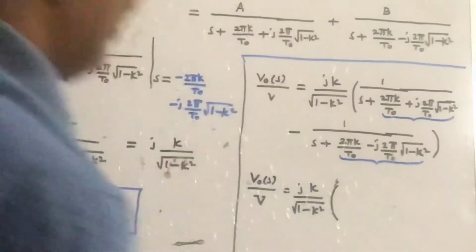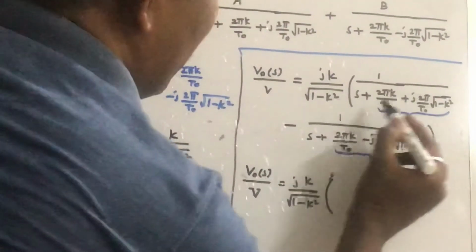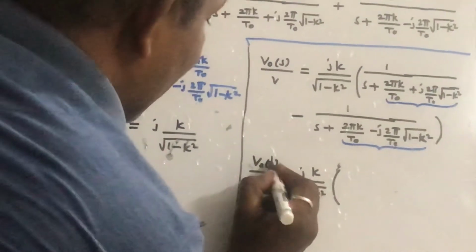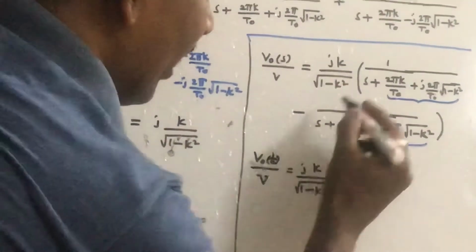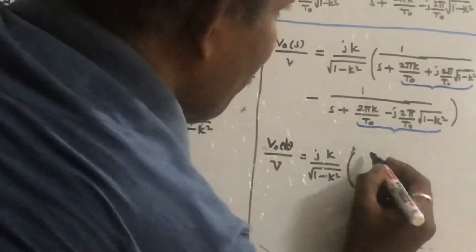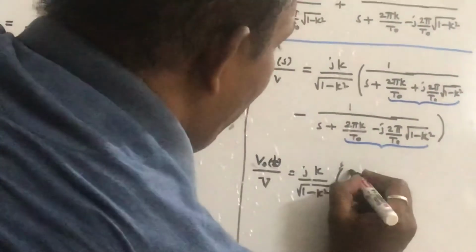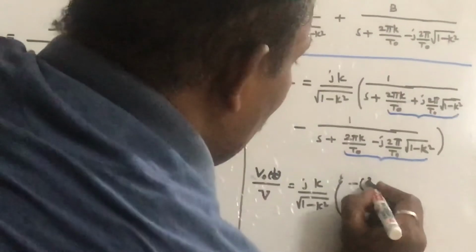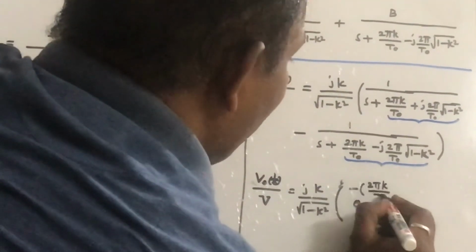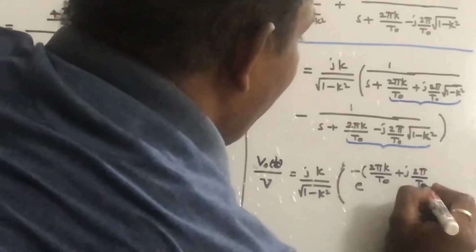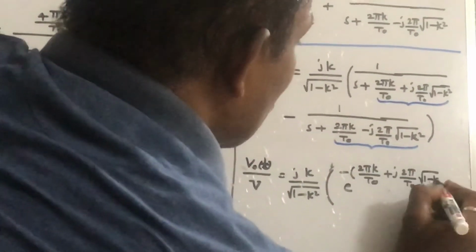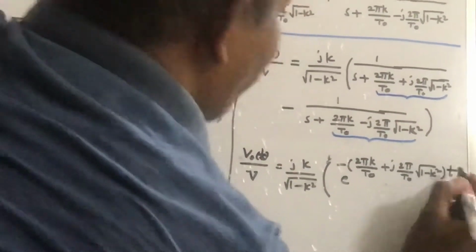First write 1 by s plus a, take the inverse Laplace. It is written as V0 of t. Taking the inverse Laplace, 1 by s plus a is written as e power minus at. So what is a here? 2 pi k by t naught plus j 2 pi by t naught into square root of 1 minus k square into t.